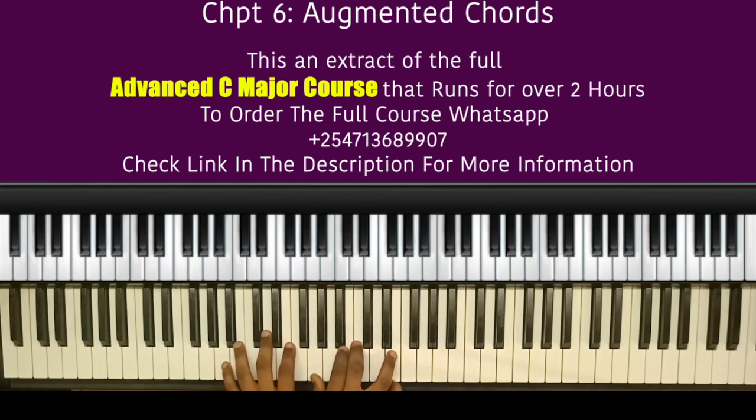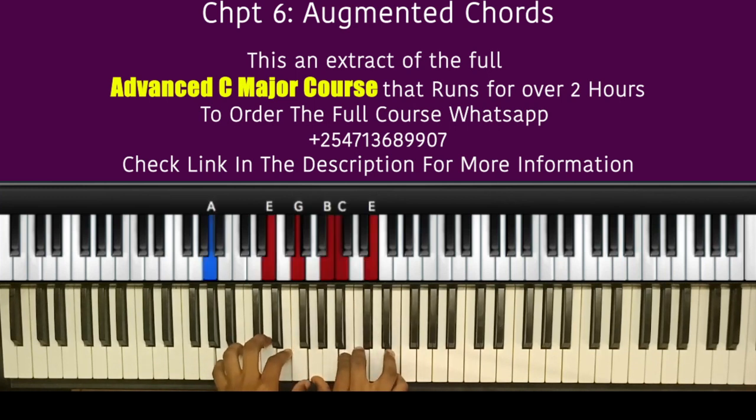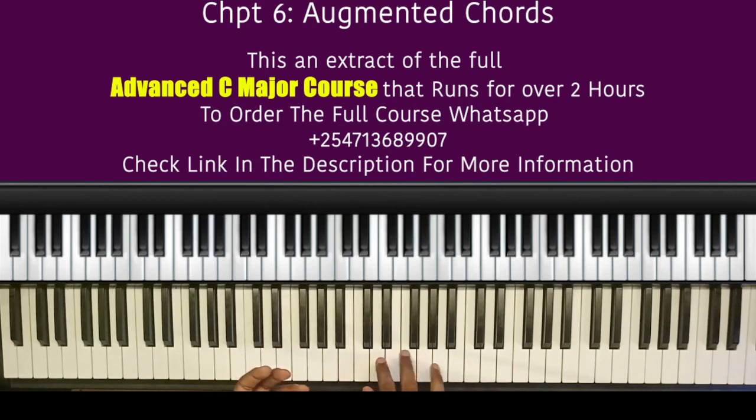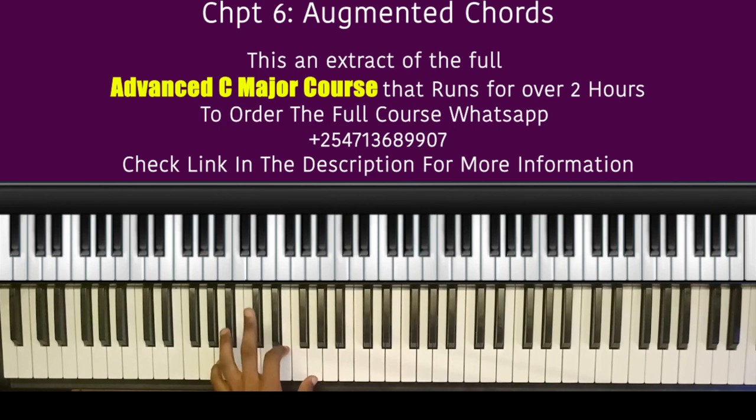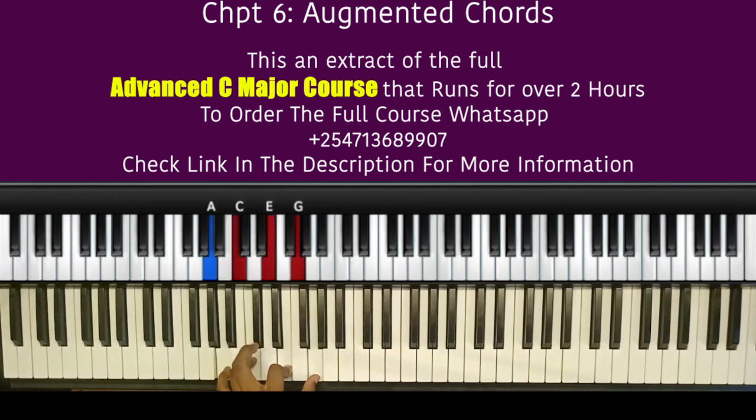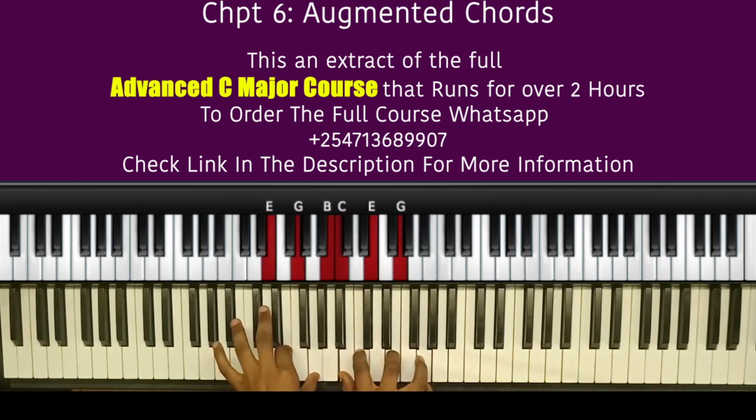Let's say you play the 6th chord. So you will have, let's say, a C major 7 on your right hand, then you will have an A7 chord on your left hand. So you have A, E, and G. Or maybe you could even add the C, but it's not necessary. So A, E, and G. Then you could have a C major 7 chord.